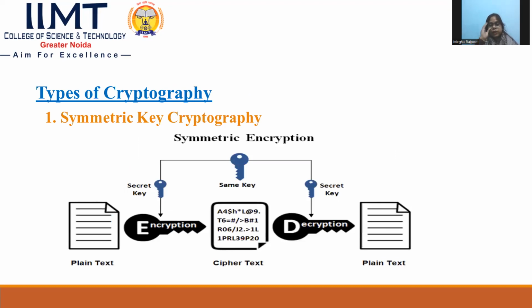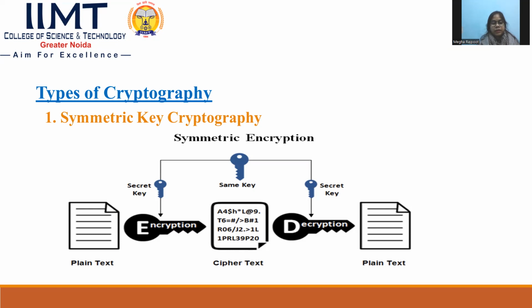There are two types of cryptography. First is symmetric key cryptography. Second is asymmetric key cryptography. In symmetric key cryptography, there is a key which is used to encrypt or decrypt our message. When the sender sends a message, it is called plain text, meaning it is in readable format.